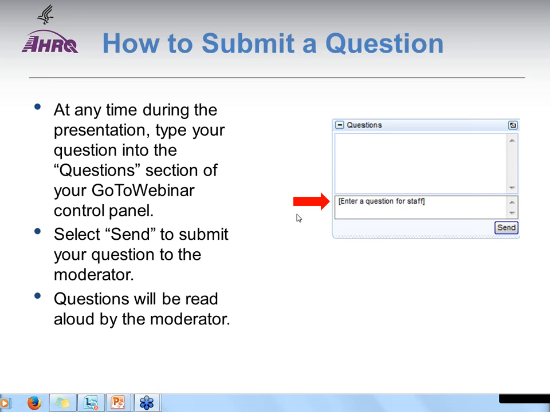This work was a partnership of NCQA. We're a not-for-profit headquartered in Washington, D.C., and we recognize practices as patient-centered medical homes and do other kinds of work to try to improve quality.